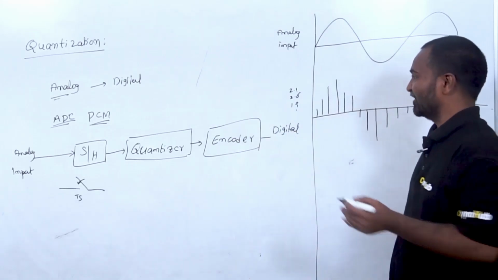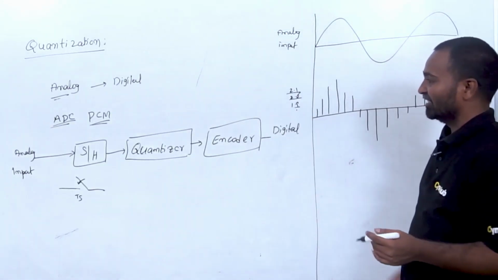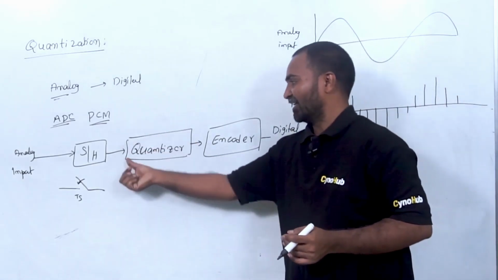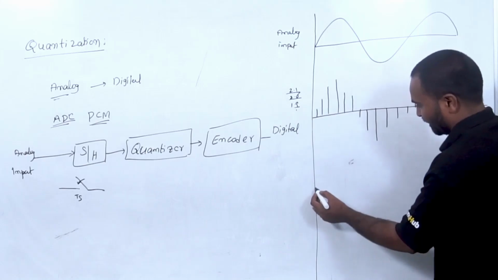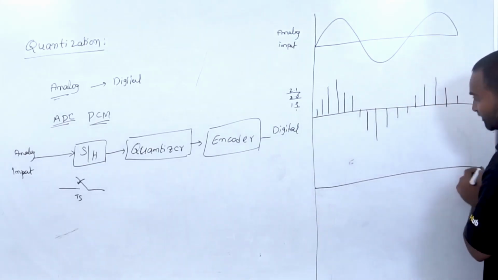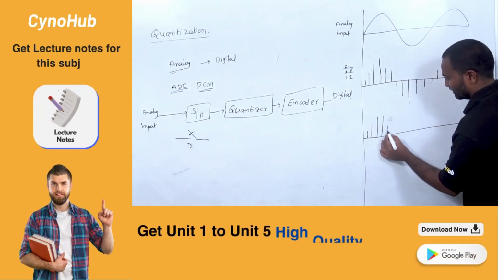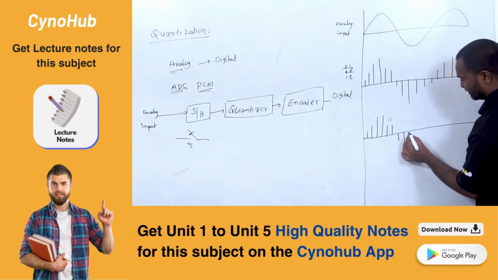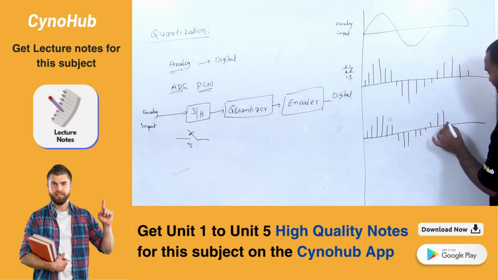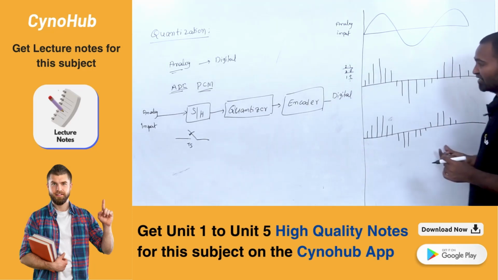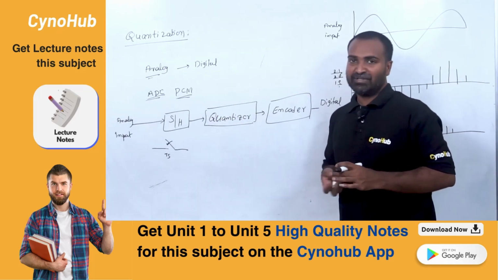Therefore, we round off to the nearest integer value. That is the working of the quantizer. So this is the output of the quantization, which means it rounds off to the nearest integers.